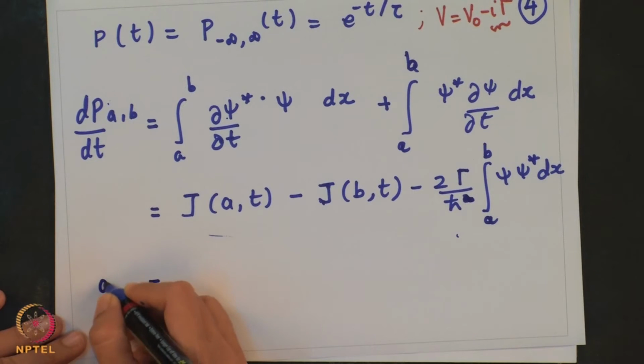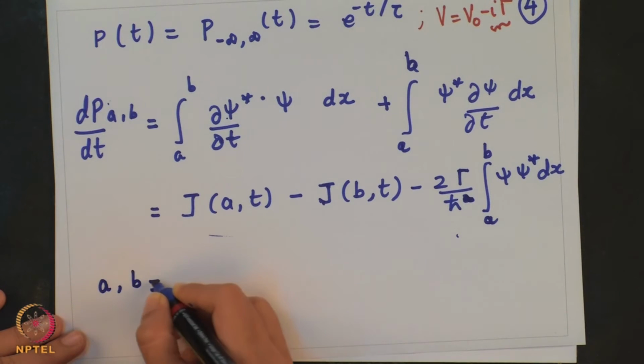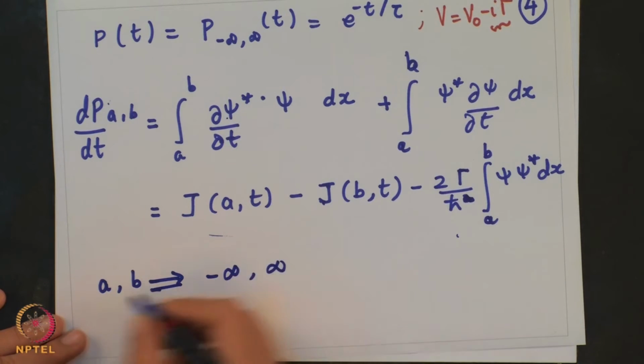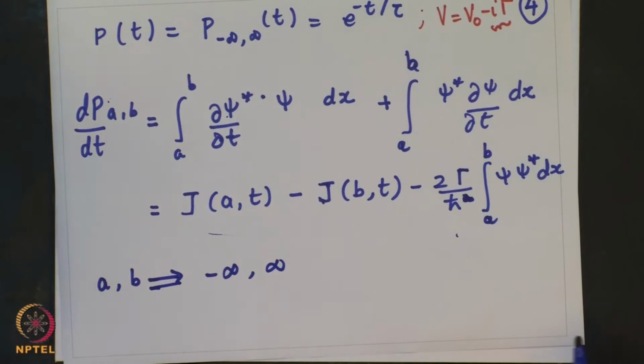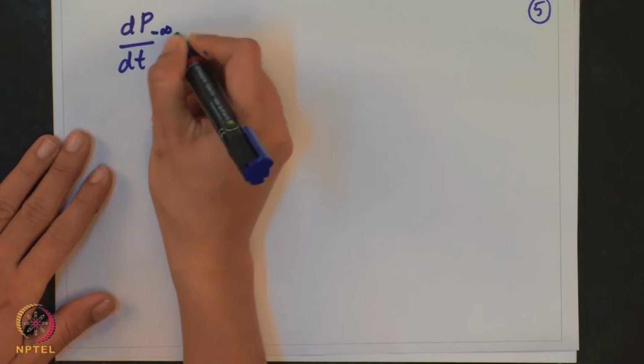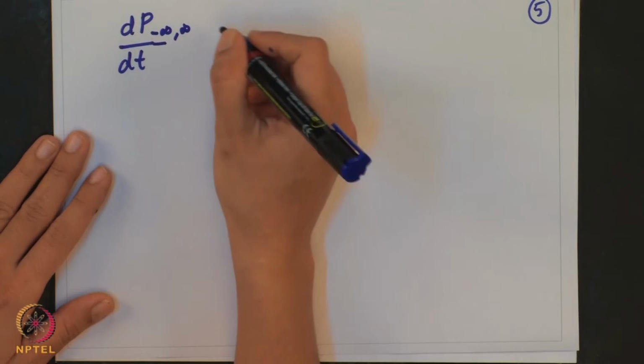Now, we will replace a and b by minus infinity and infinity, okay. When we replace these limits, what do I obtain is dP by dt at minus and plus infinity.